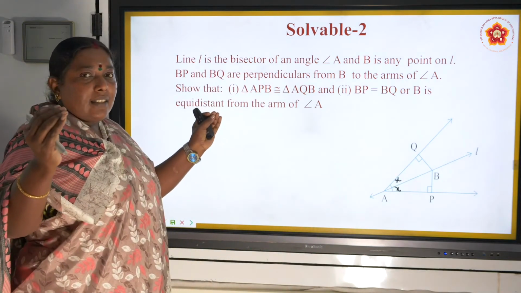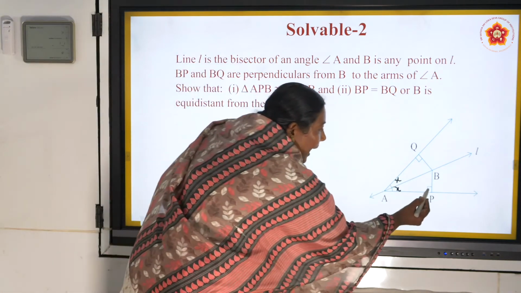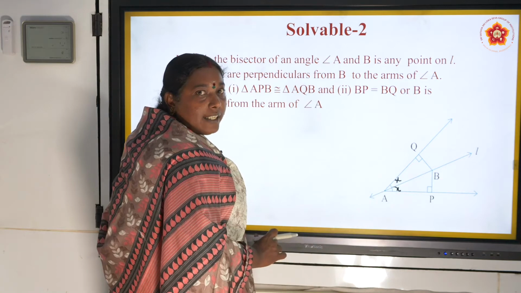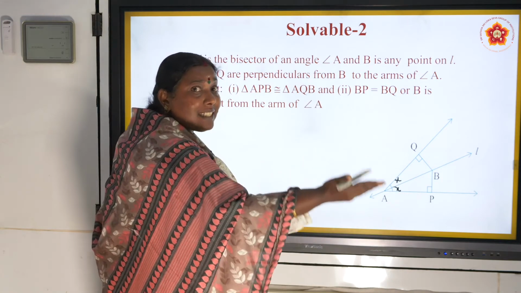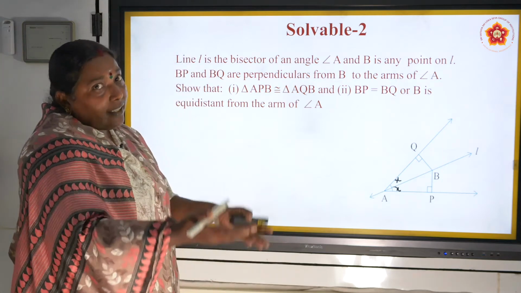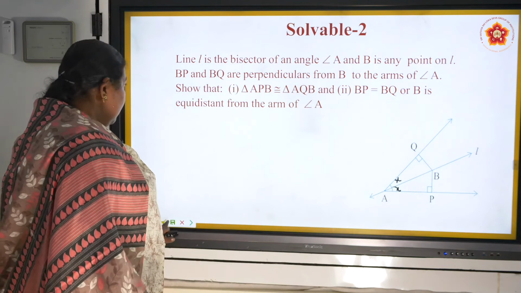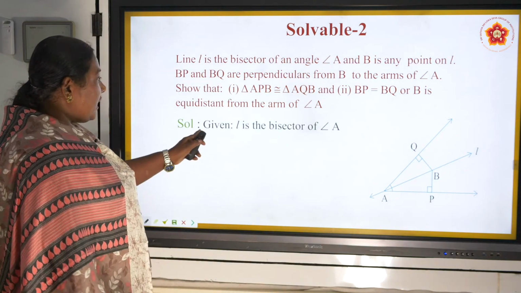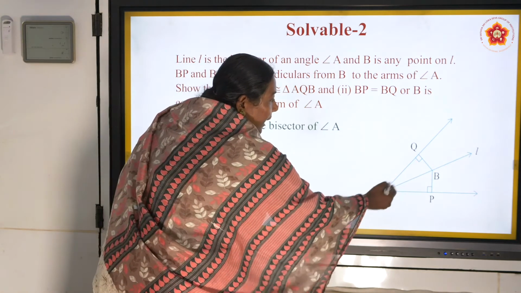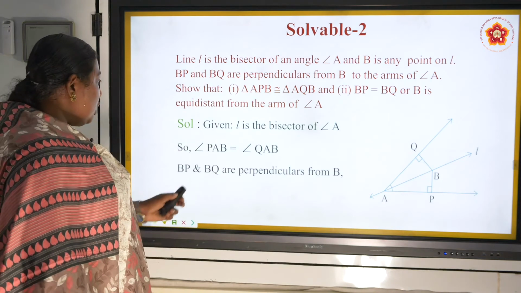Closing my eyes, I can tell that I am seeing two triangles, an angle, and a common side. Is it right? So on the basis of angle side congruency, I can tell that both triangles are congruent. By CPCT, I can tell that BP is equal to BQ. Let us see the solution. Given L is a bisector of angle A, so PAB should be equal to QAB.